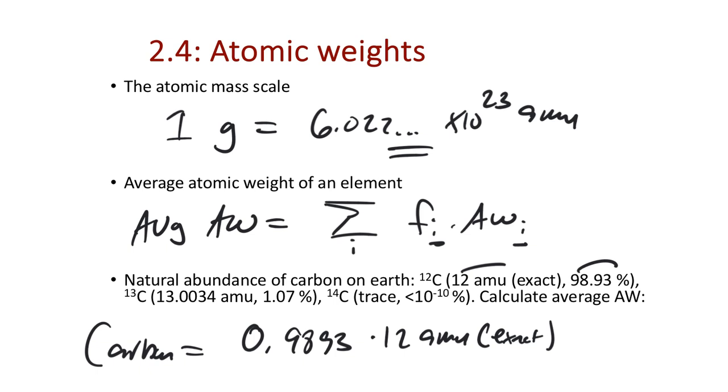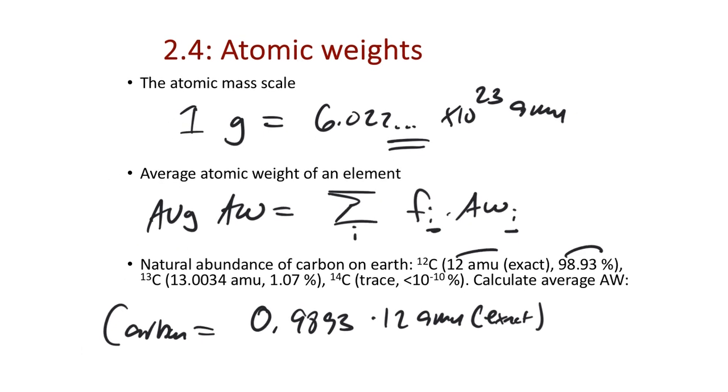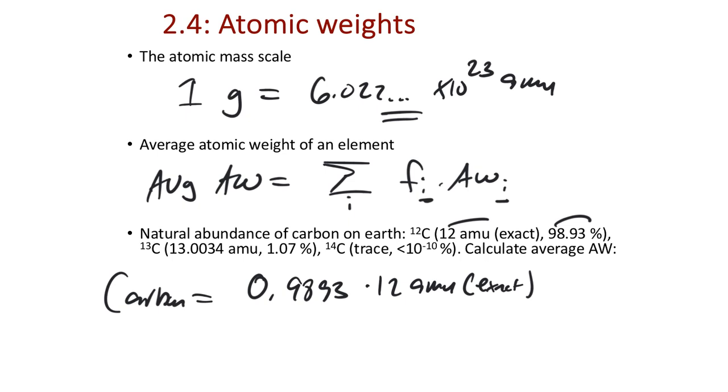You'll see later that it was devised this way so that things work out nicely, so that you get a molar mass and a mass in AMU that are the same number. But we'll talk about that more later. Then in the weighted sum, we add another isotope, so carbon-13 is 1.07%.